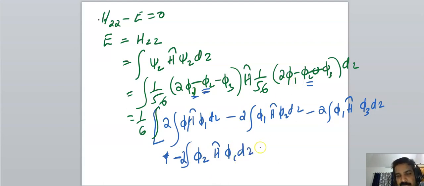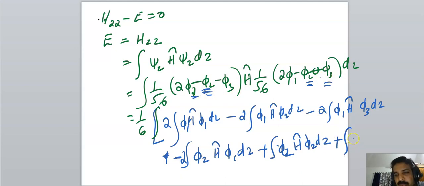Again minus into minus plus integral phi 1, this phi 2, and here also phi 2 H cap phi 2 dτ. Okay, next to this phi 2 and this phi 3. Therefore, again minus into minus plus, so plus into integral phi 2 H cap phi 3 dτ. Okay, again next is minus phi 3 and this phi 1.